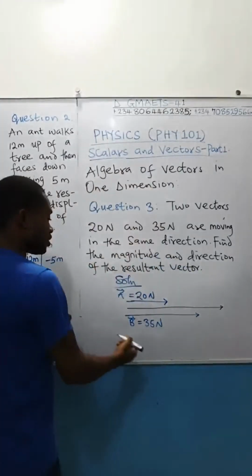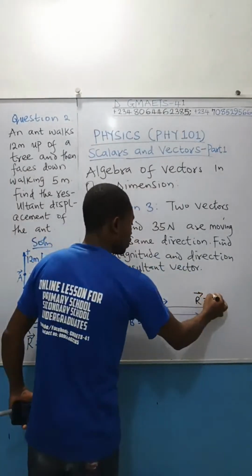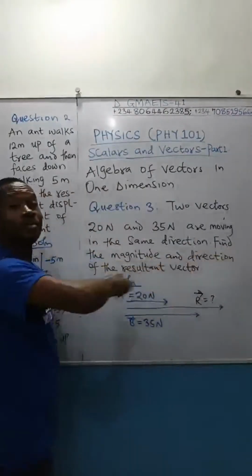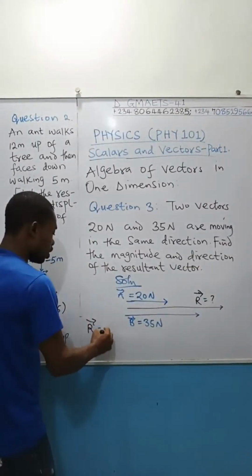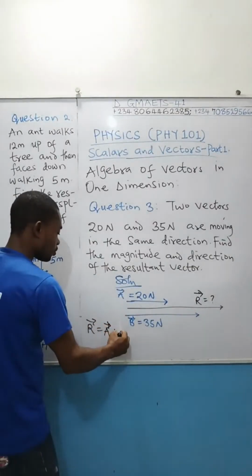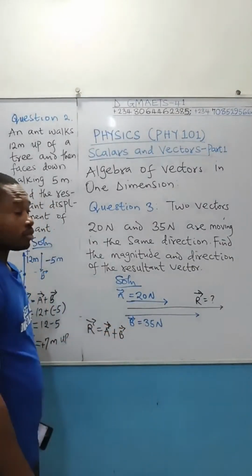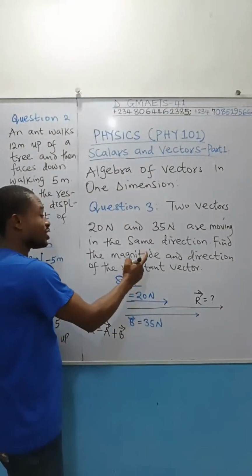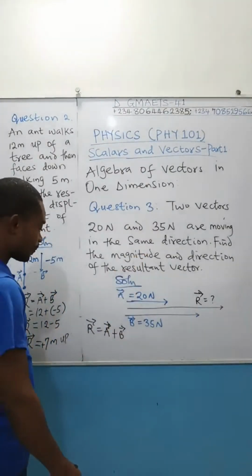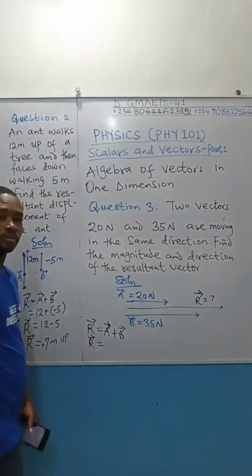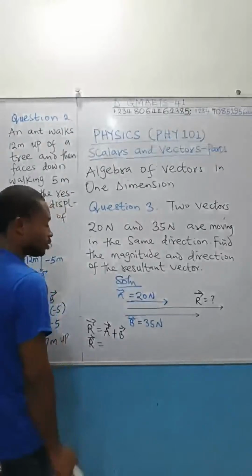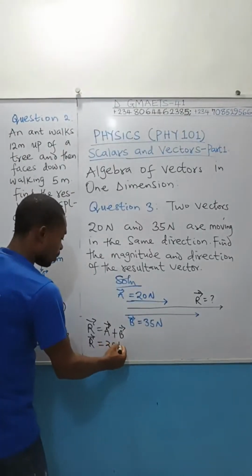All right, let us solve this. The resultant vector, we don't know. But it will be going in the same direction as both of them. So the resultant is the algebraic sum of the two vectors, which is the same as getting the magnitude of that vector. So this is going to be A plus B. Our A is 20. Our B is 35.